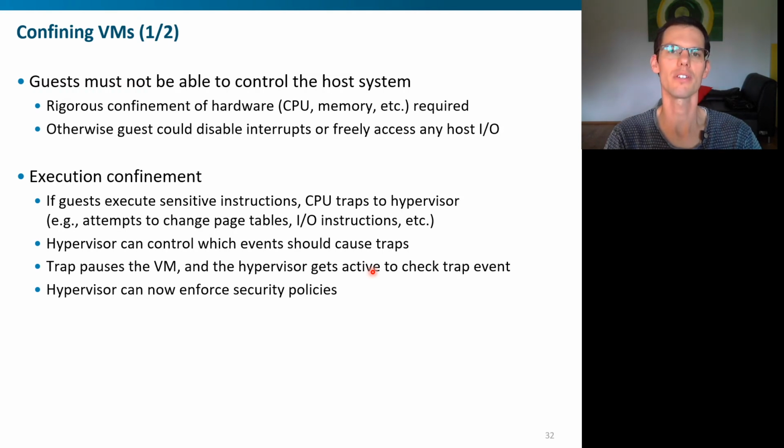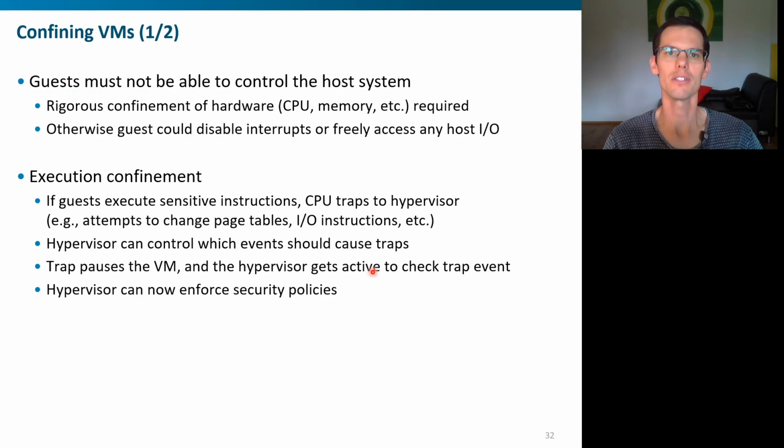Trap here means that the VM will be interrupted and the hypervisor gets full control. And the hypervisor has then the full control of what it does. It can actually check why the trap occurred, which operation the VM tried to do, and then based on this action, the hypervisor can decide whether or not this action should be granted or not. So essentially you do have some policies in the hypervisor which are enforced every time a trap is called.